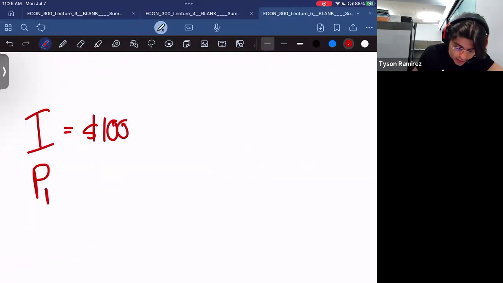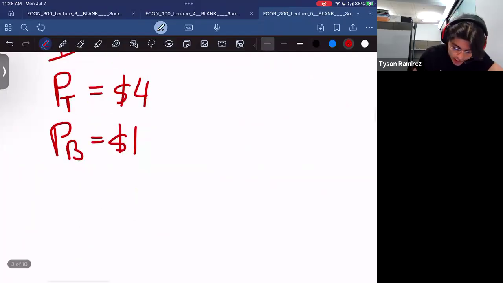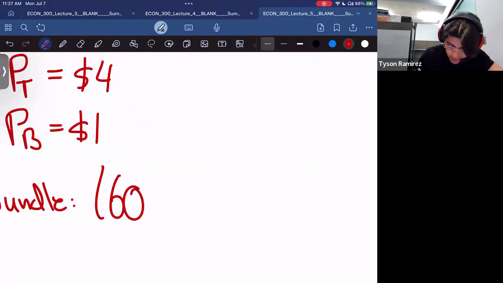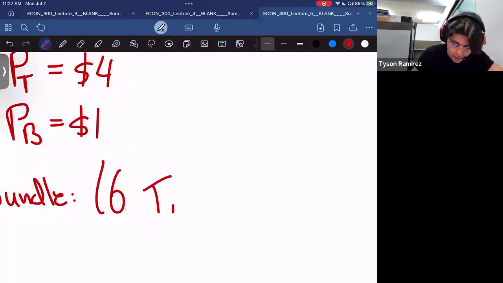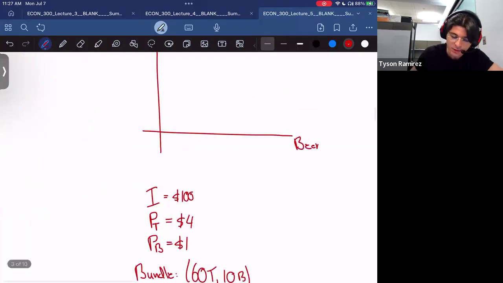The price of a taco was equal to $4 here. The price of beer was equal to $1 here. And then his bundle or basket was 60 tacos and 10 beer. Okay.